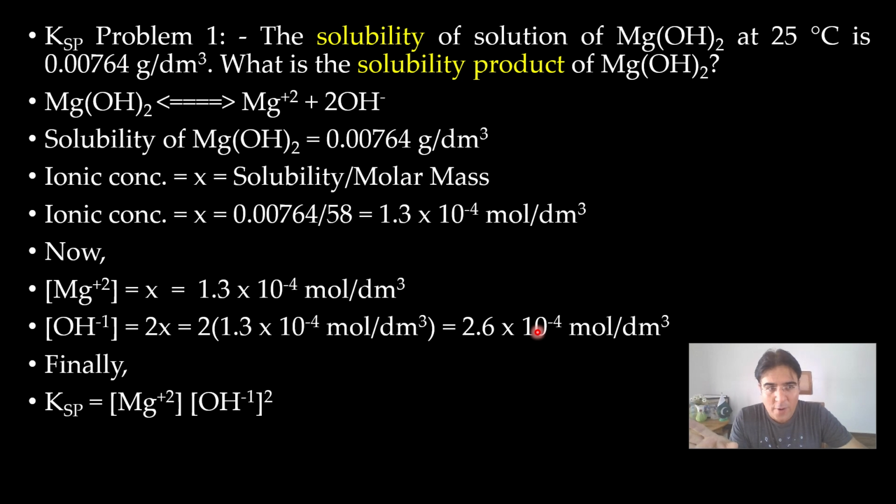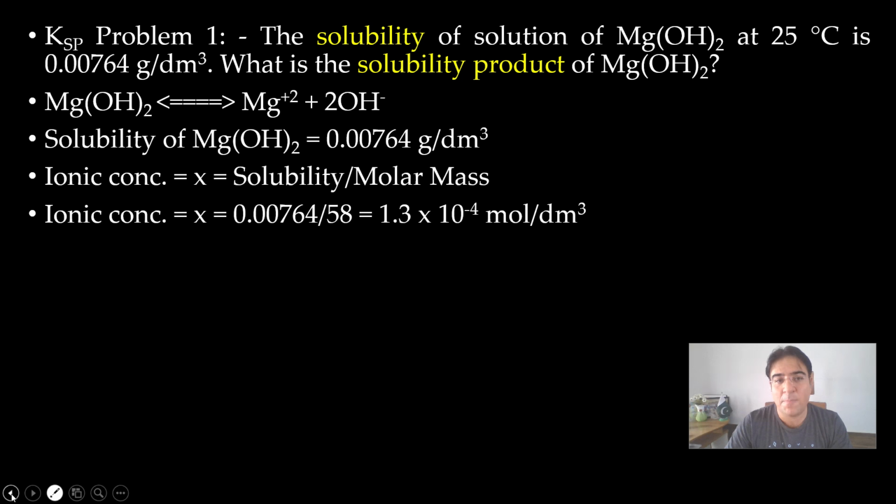There's no 2X required. For let's say AlCl3, aluminum trichloride, there will be one aluminum and three chloride ions. So this is 3X. So you know what I mean? Exactly. Any salt, don't worry. If the problem gives you solubility, divide that solubility by the molar mass of that salt.